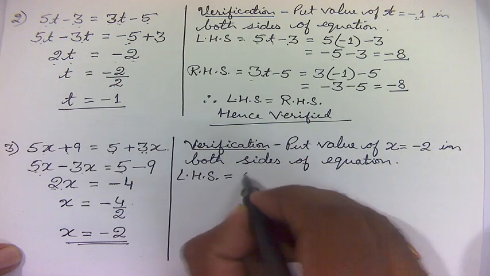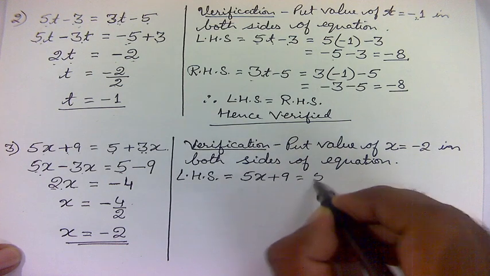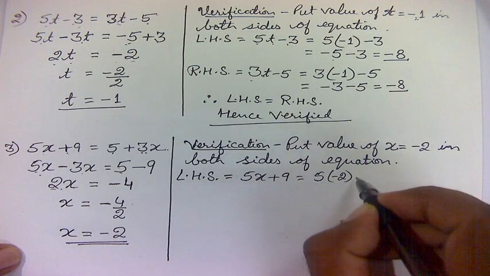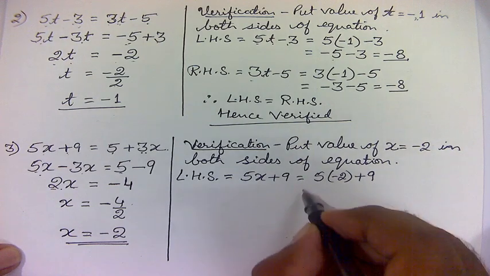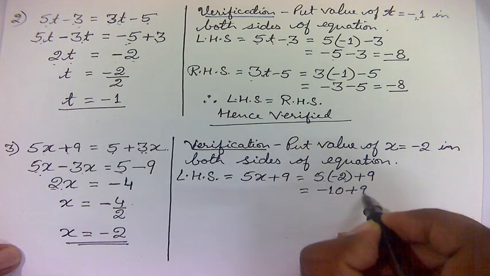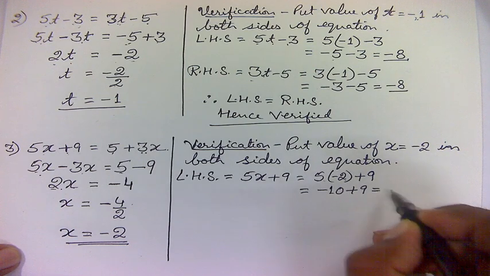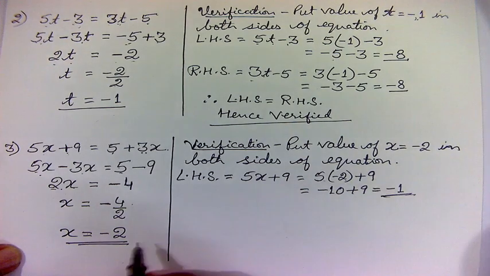So left hand side it is 5x plus 9, means 5 multiply minus 2 plus 9. Now what is 5 multiply minus 2? It is minus 10 plus 9, it gives you minus 1. So left hand side the value is minus 1.